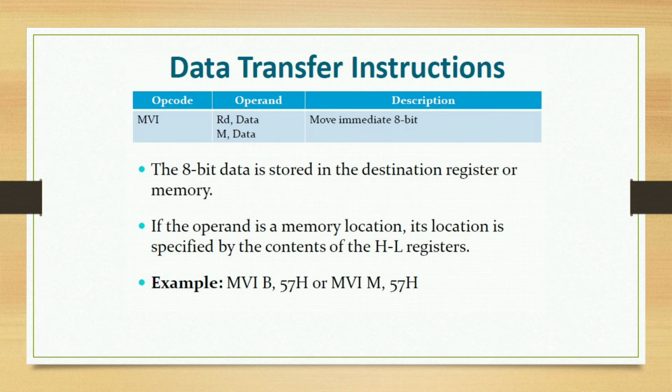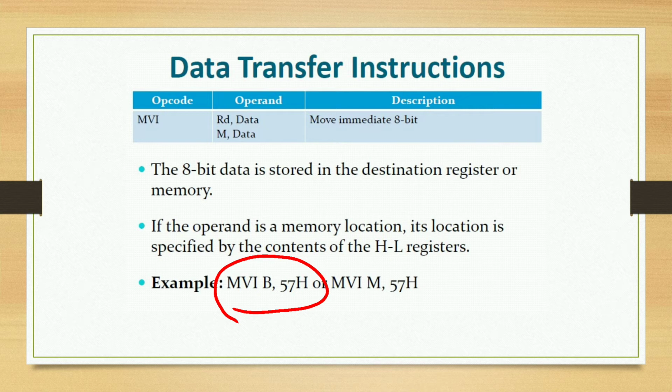Next instruction is MVI RD, data. MVI indicates move immediate data, meaning the operand consists of certain data. Consider an example: MVI B, 57H. H indicates hexadecimal.